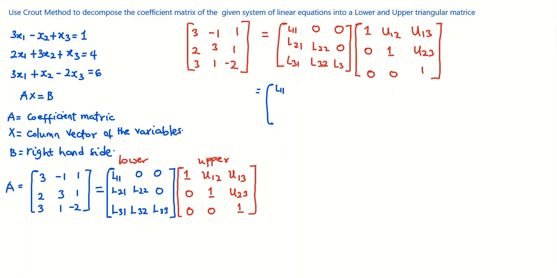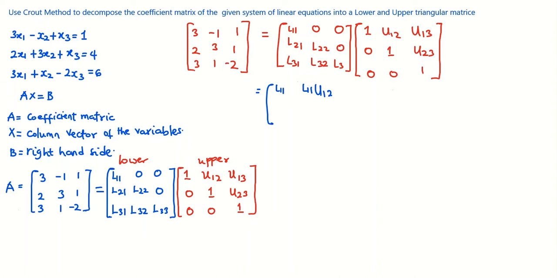Then I will go to row 1, column 2. For this one too, you're going to get L11 multiplying U12, plus 0 multiplying 1, which will be 0, plus 0 multiplying 0, that also is 0. Now you go to row 1, column 3.